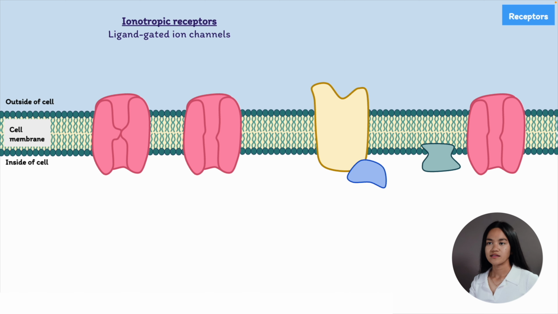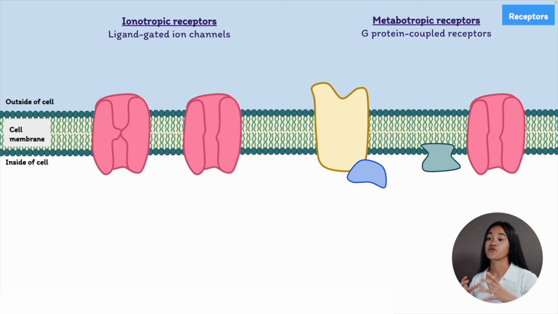We have ligand-gated ion channels, also known as ionotropic receptors, and then we have metabotropic receptors. Ligand-gated ion channels are large protein complexes. These are ion channels that open directly in response to ligand binding.